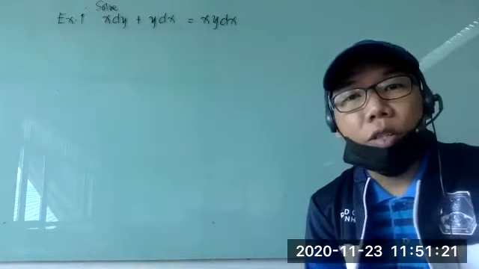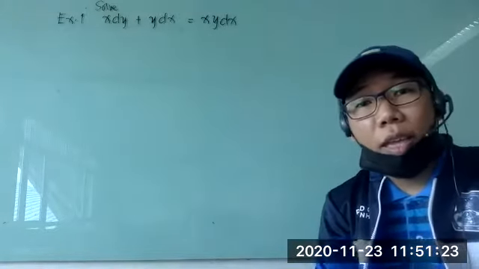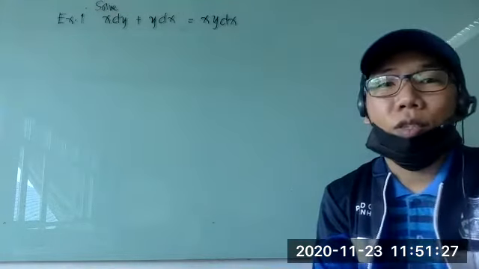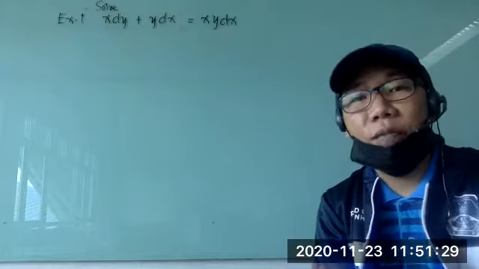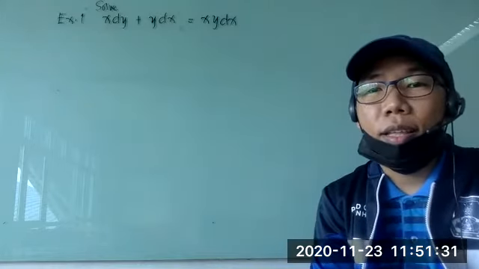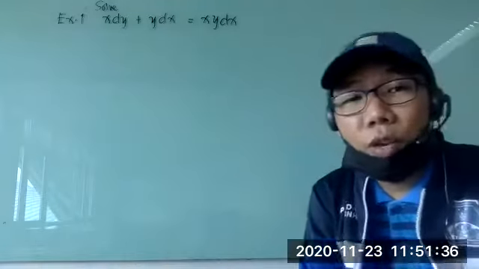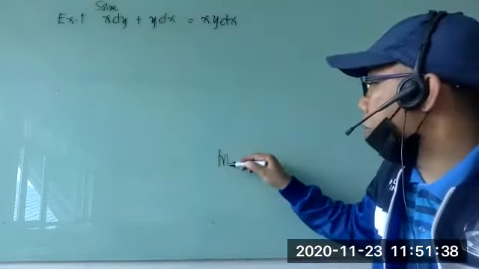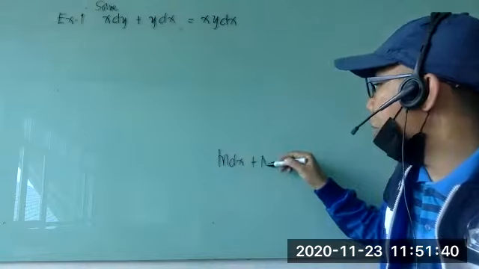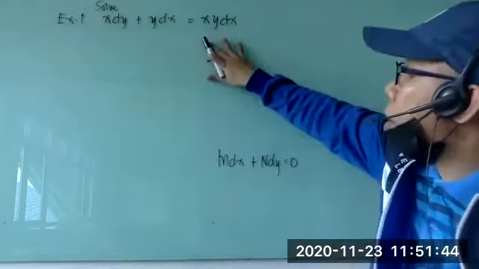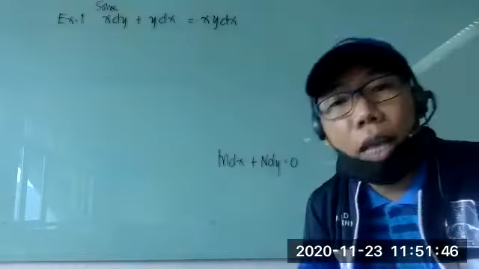Okay, first example: solve x dy plus y dx equals x times y times dx. This is a first order differential equation. What we'll do now is arrange the given equation into the form m dx plus n dy equal to 0, meaning this part of the equation will be transferred to the left-hand side.